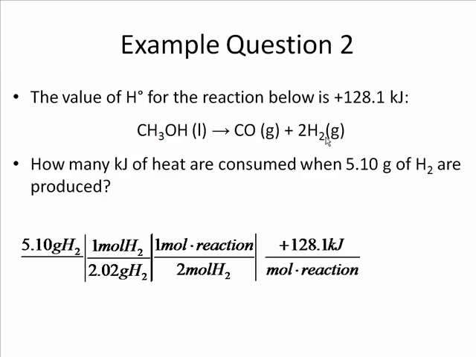Okay, and then there's positive 128.1 kilojoules of enthalpy change in the system for every mole of reaction. So again, it's the same thing, really. And this is positive 162 kilojoules of enthalpy change when that specific quantity of hydrogen reacts.